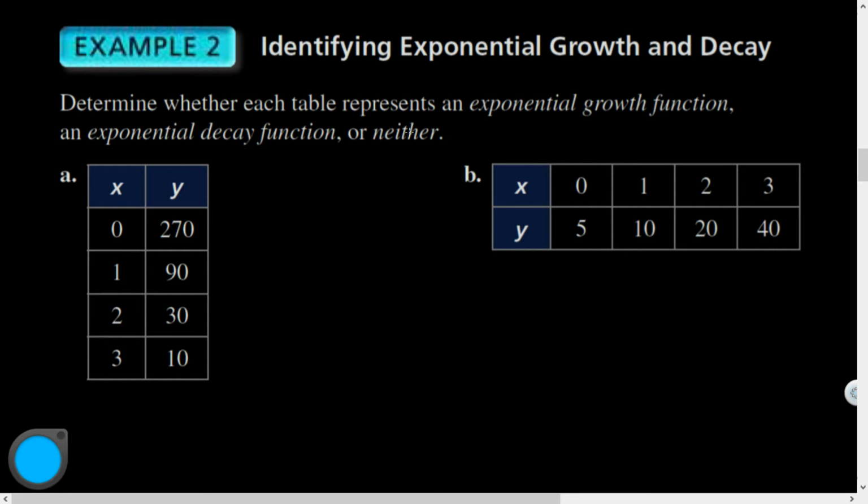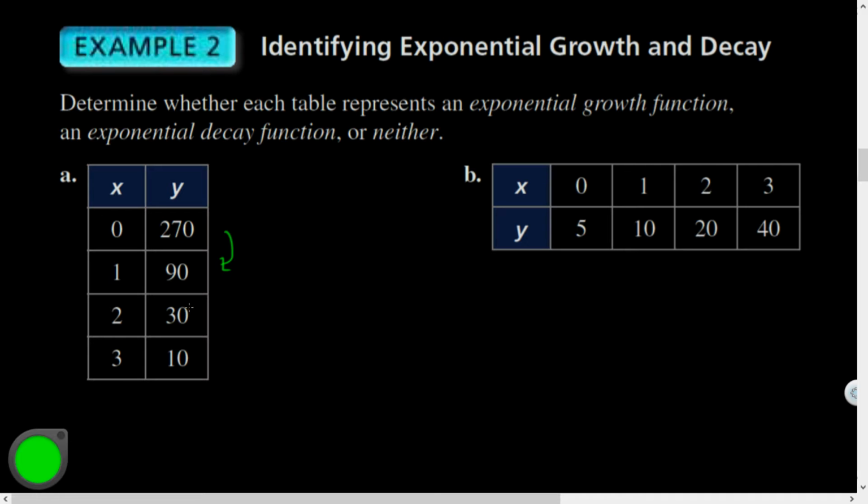It says, determine whether each table represents exponential growth or an exponential decay function, or neither. All right, so here the question is, this is decreasing, but it doesn't necessarily mean it's decay, because it could have just been like subtract 180? Yeah, it could have done that.